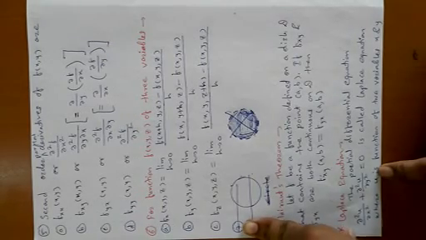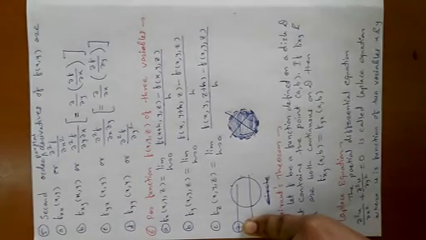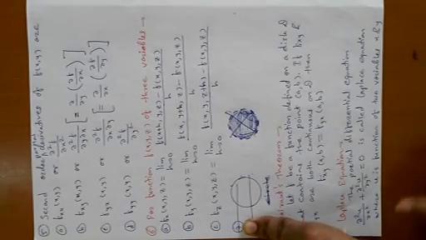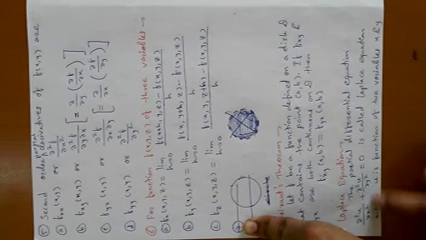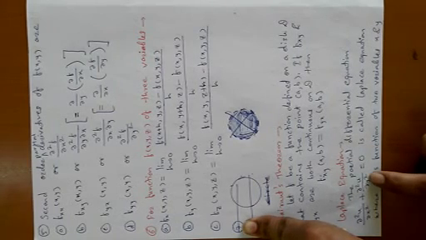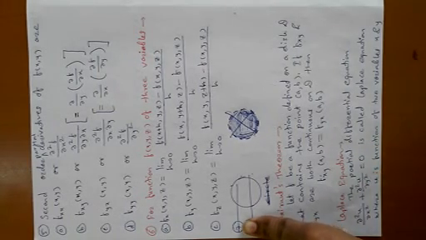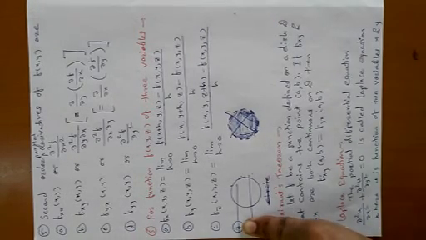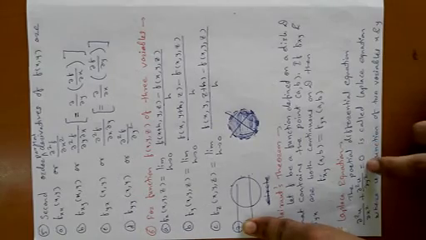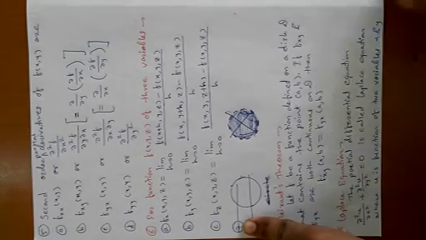Similarly, we can define the Laplace equation for three or more variables. As u is only a function of two variables, we are differentiating with respect to x and with respect to y only. If u is a function of three variables, then we will differentiate u with respect to z also and add it here, equal to 0.